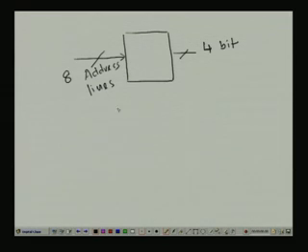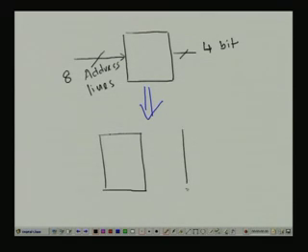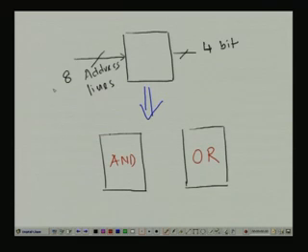So, if I want to implement this thing by PROM or programmable logic device, then this is my AND, this is my OR. So, here 8 address lines. So, I know 2 to the power 3 equals 8.